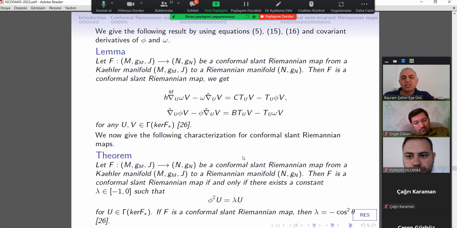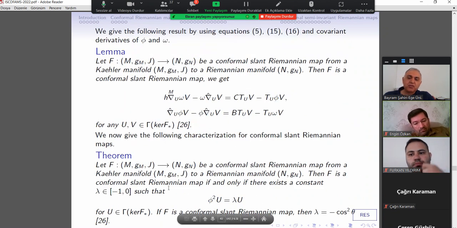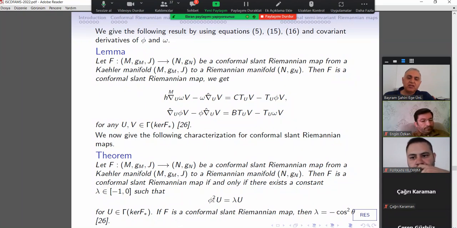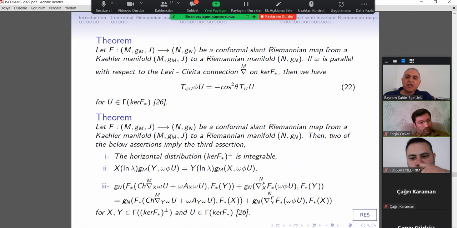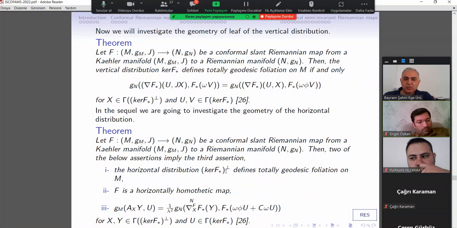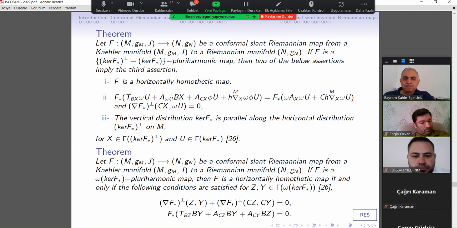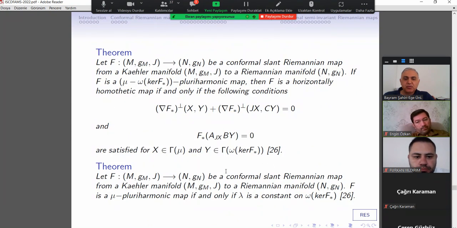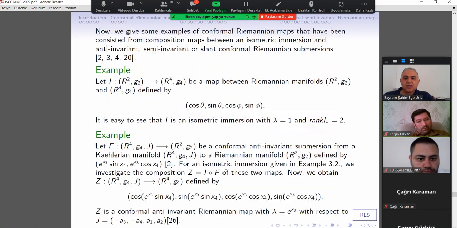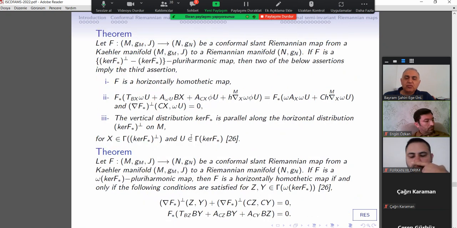We also have some characterizations. For the conformal slant Riemannian map, we have this characterization. Here, phi is a morphism. We also have the horizontally homothetic map, and the pluriharmonic map for these cases, and here is an example.